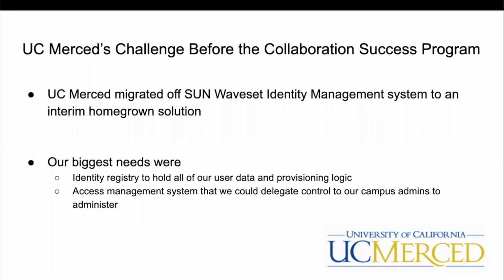So I think our biggest needs were an identity registry to hold all of our user data and provisioning logic, and an access management system that we could hopefully hand off most of the control to our campus admins to administer themselves. So we joined TIER, hoping to contribute to a full identity and access management system that can meet our needs for provisioning workflow and utilize security standards, and among some other things.